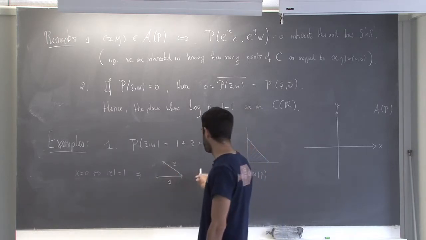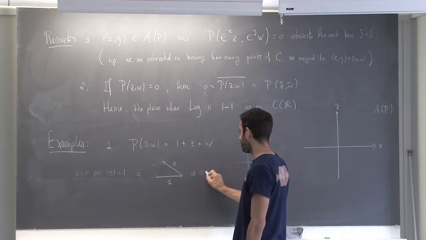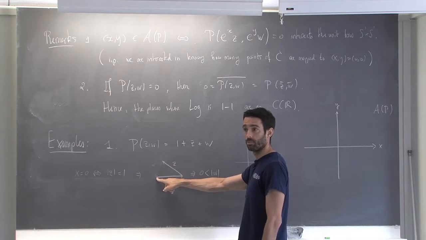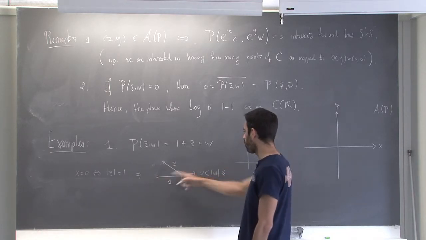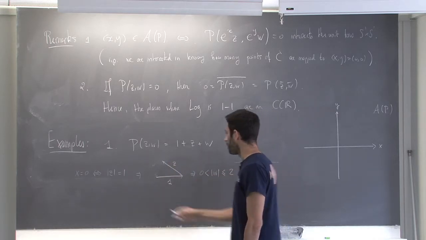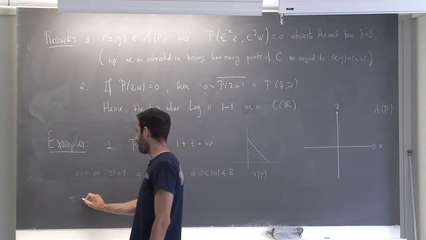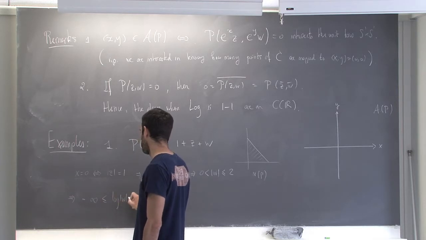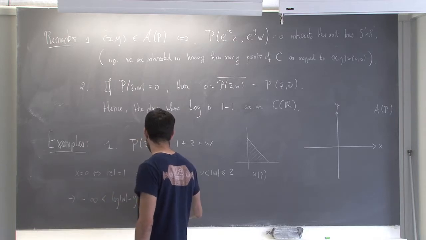And you see that it works if and only if, well, the modulus of w we can make as small as possible. We can always realize this. And then we can go all the way to 2. So it means that the intersection of the amoeba with the y-axis is between minus infinity and log of 2.